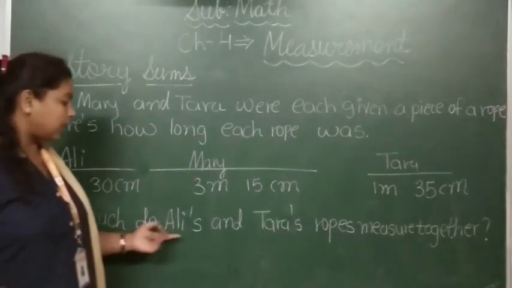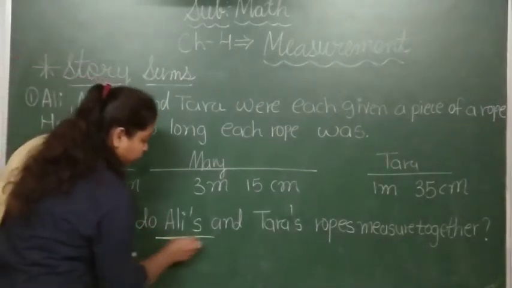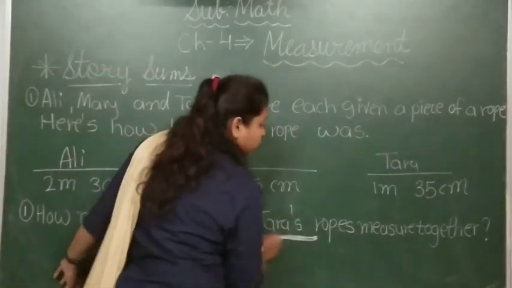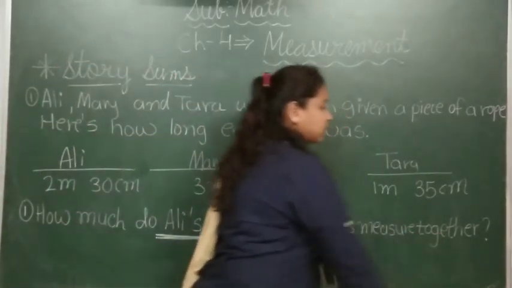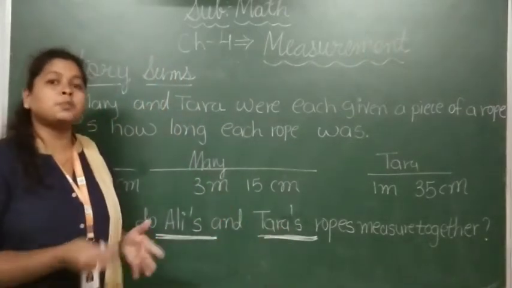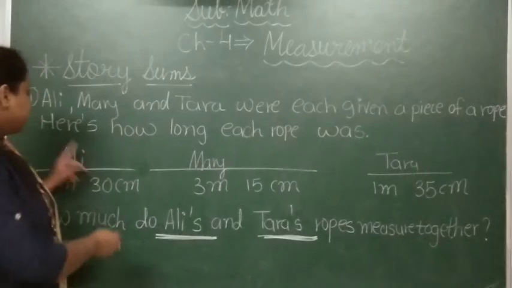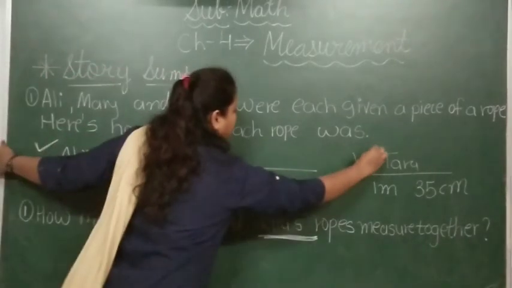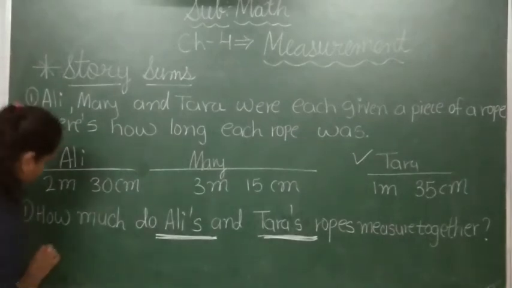How much do Ali's and Tara's rocks measure together? First you have to confirm the name. Ali and Tara की rock को अगर हम साथ में measure करेंगे तो what should be the length? Length क्या होगी? तो here is the Ali, यहाँ पे Ali and this one is Tara. So हम दोनों की measure का क्या करेंगे?